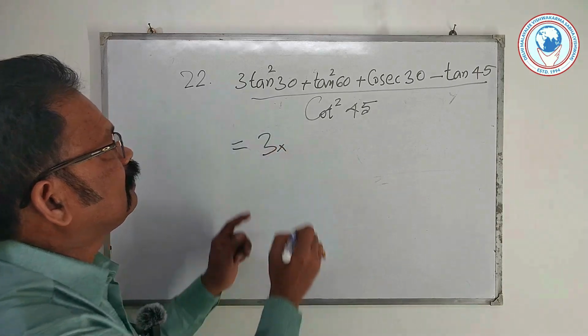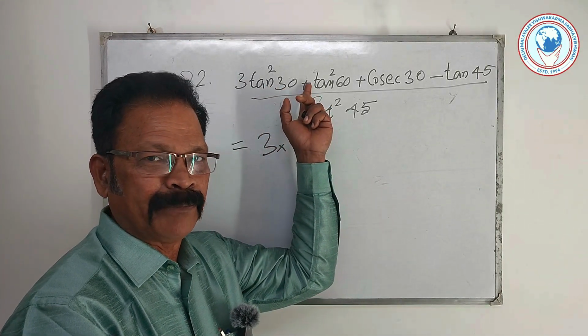Three into tan 30. Tan 30 is 1 by root 3.